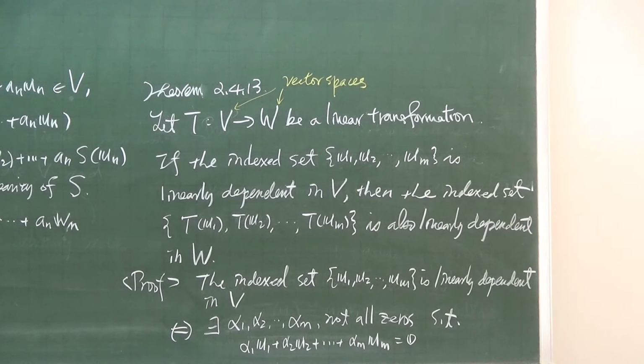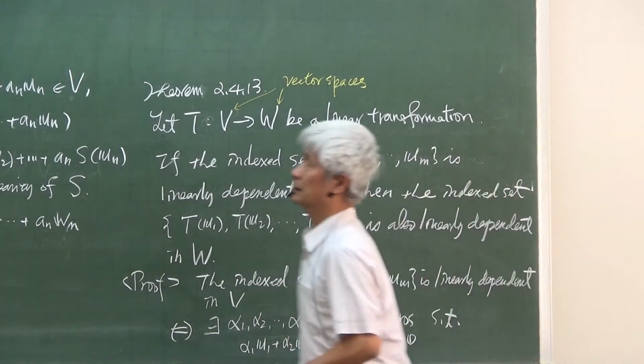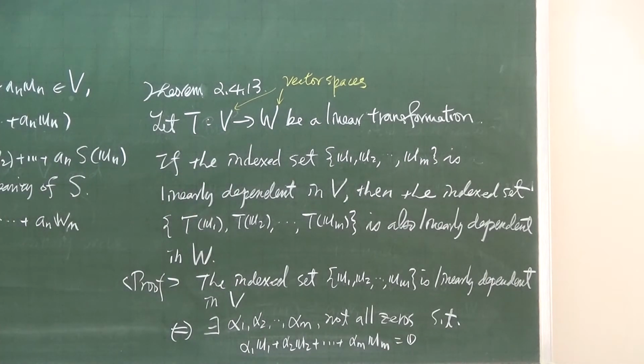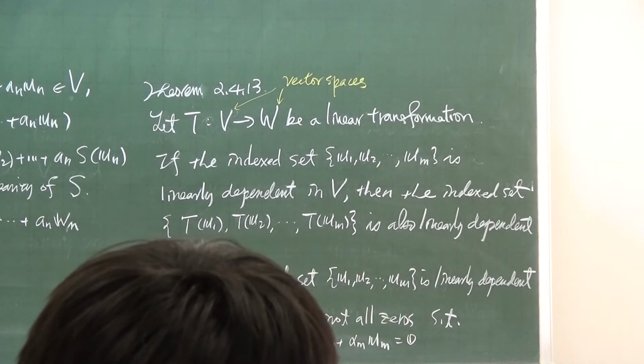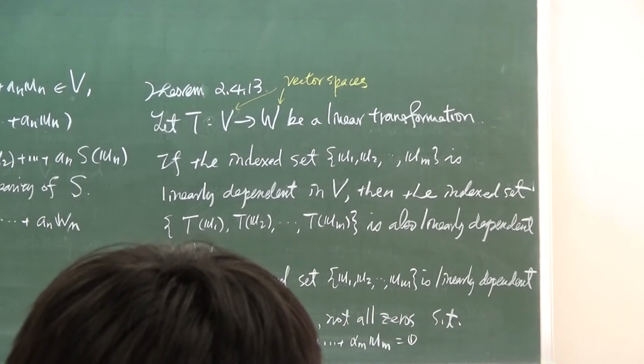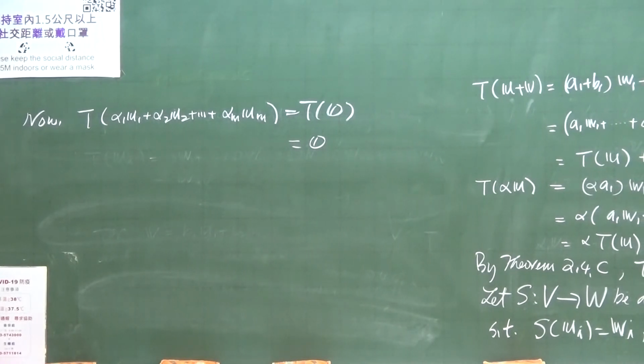Okay, so now we apply T on both sides. The right-hand side, of course, is the zero vector.